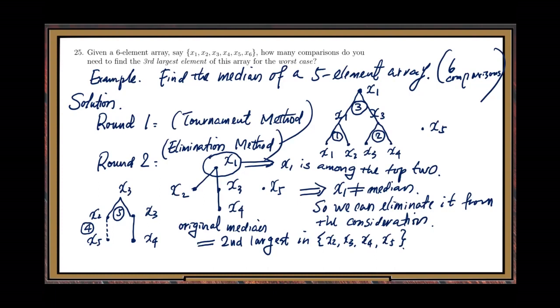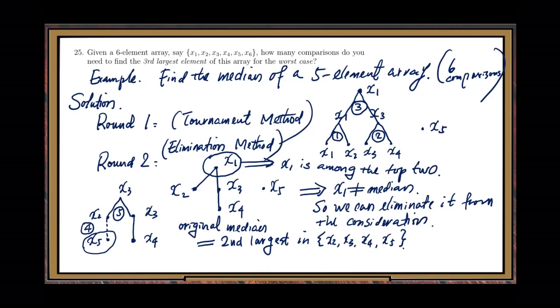Then what is the second largest? How to find the second largest? Here you can see x4 cannot be the second, x5 cannot be the second largest. Why? Because it is lower than x2.